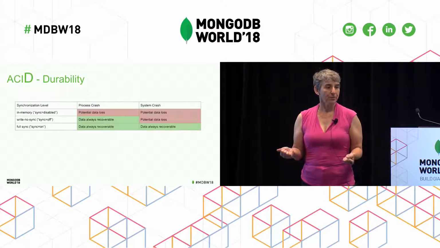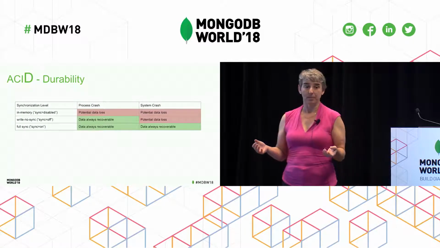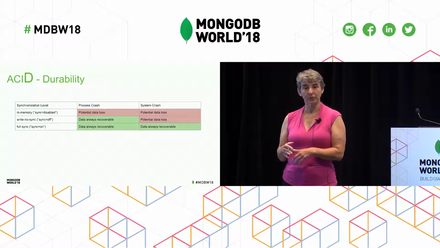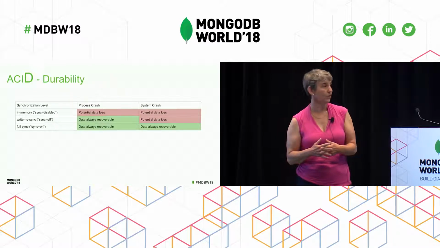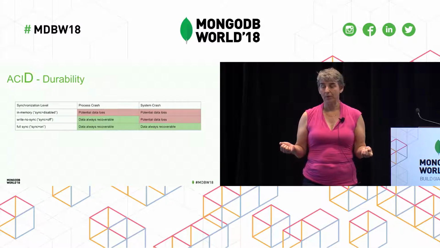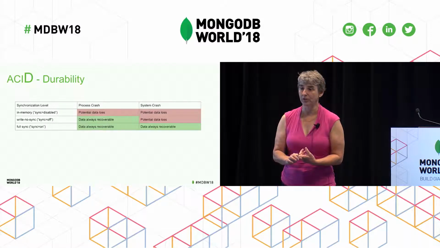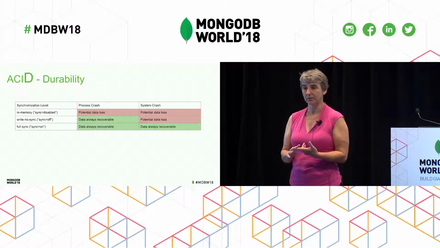So let's explore the durability of data with each of these 3 modes in the face of a failure of either the MongoDB server process or a full system crash. With in-memory mode, there actually is the potential for data loss, either with a process crash or with a system crash.